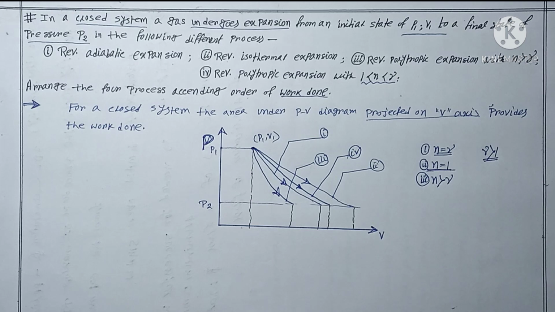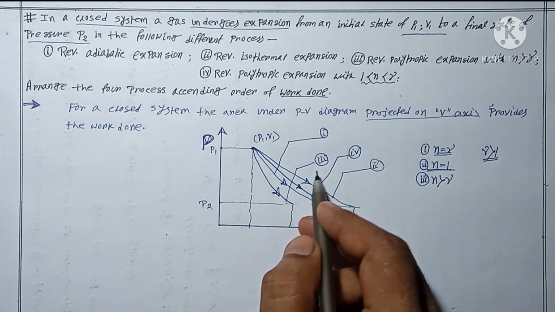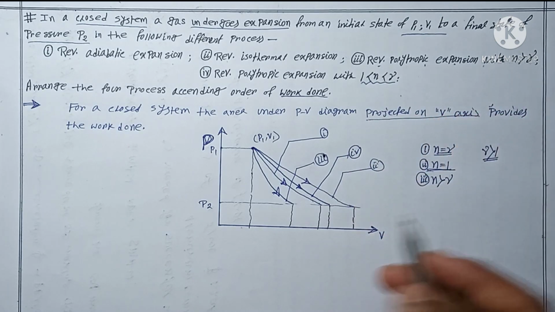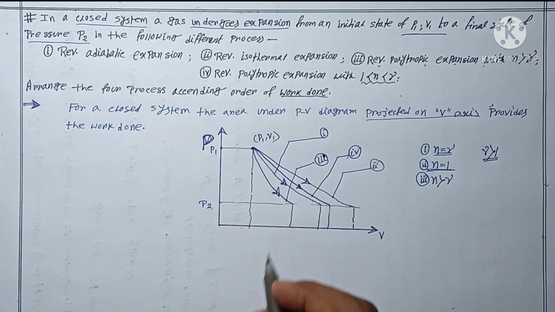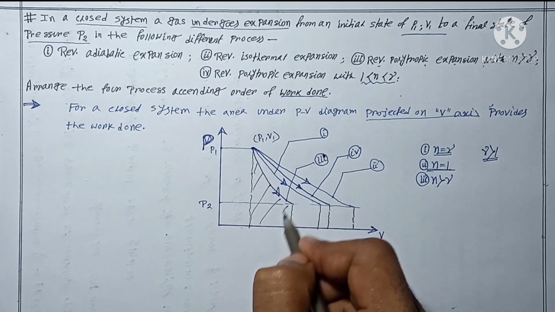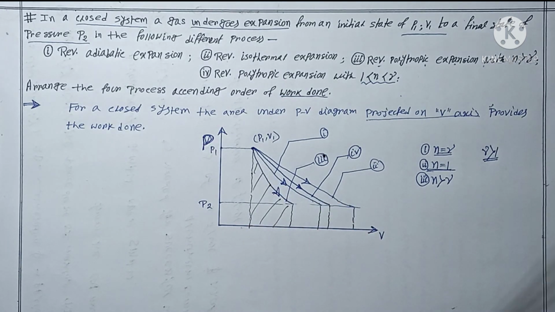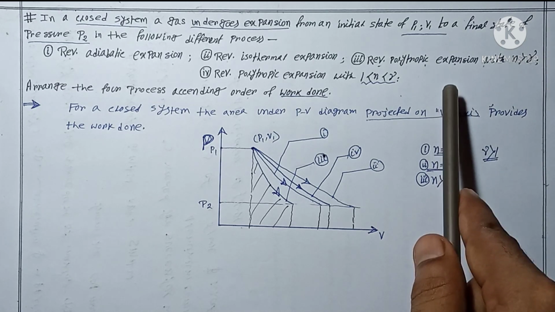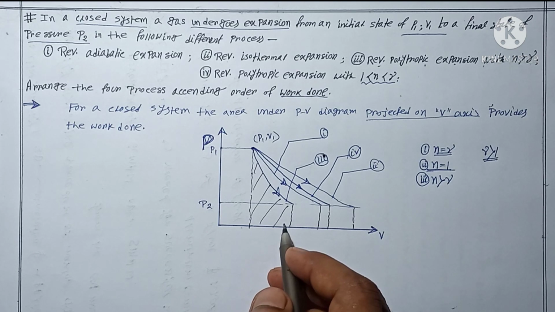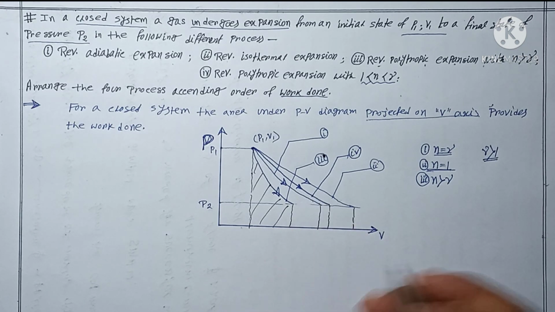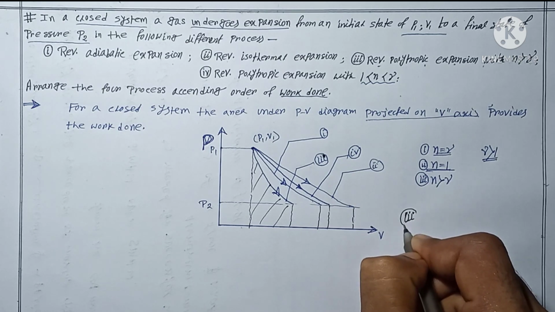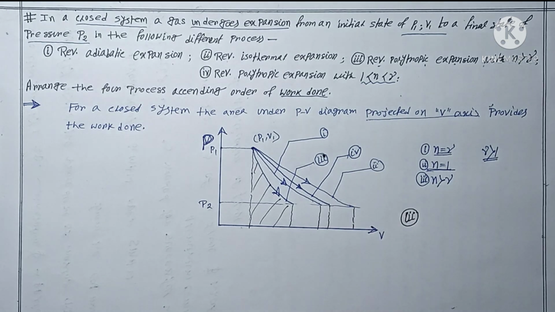If I consider process 3, the reversible polytropic expansion, the work done is this area from here to here. This area represents the work done during process 3, and it is less than for any other process. So process 3 provides the least work done.